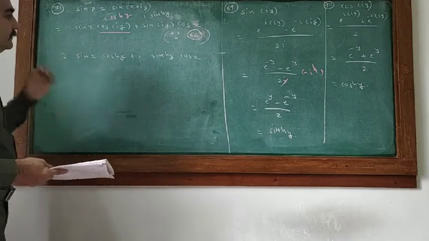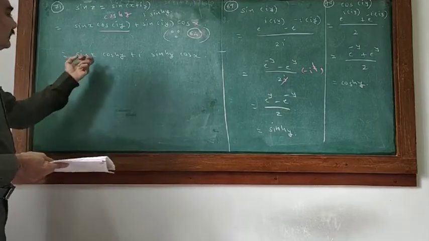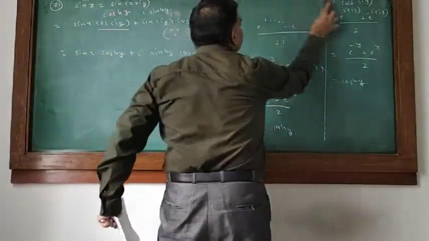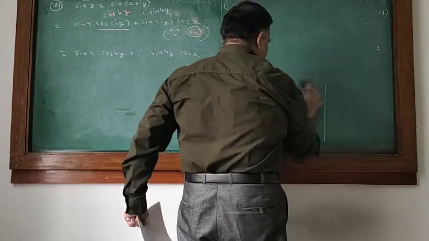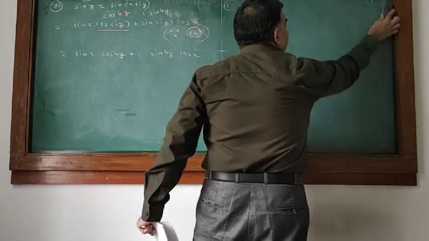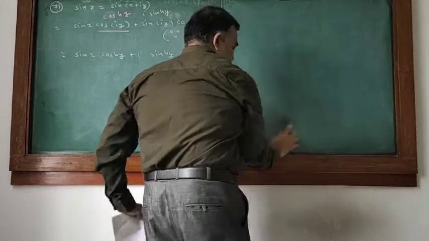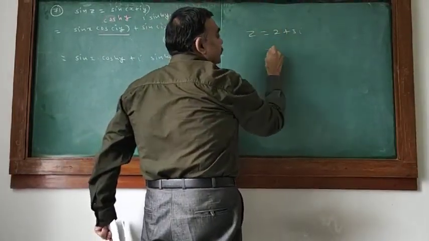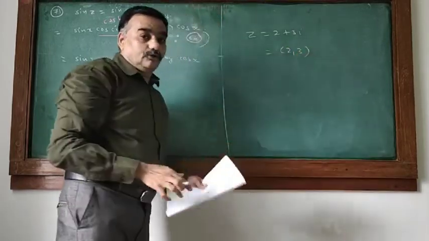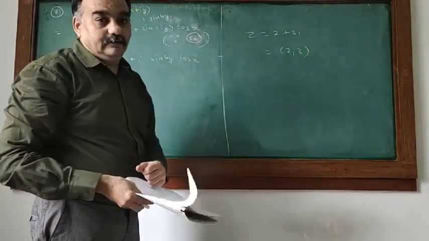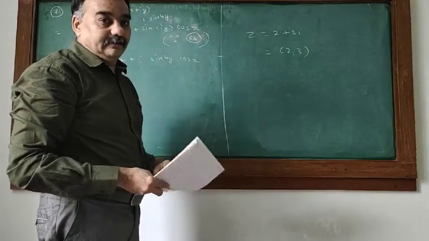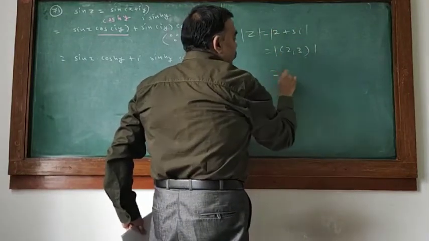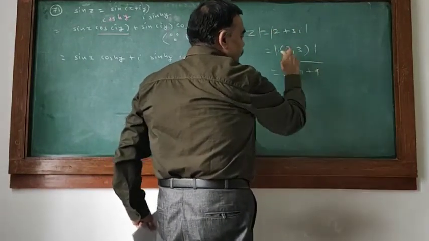Now you should keep one thing in mind. Whenever you write, say z equal to 2 plus 3i, actually it is the coordinate 2, 3, as we learned in the previous lectures. But what is the mod of that? That is square root of 4 plus 9, because 2 square, 3 square.